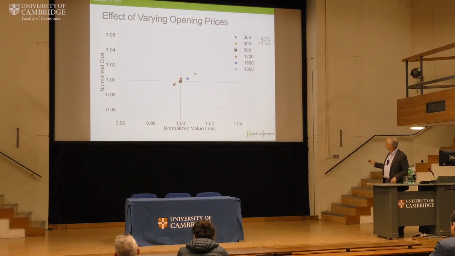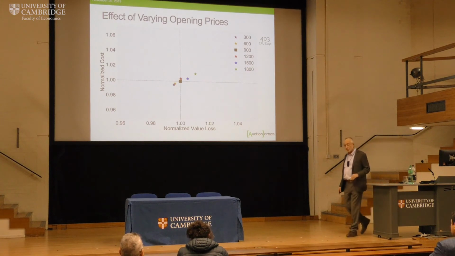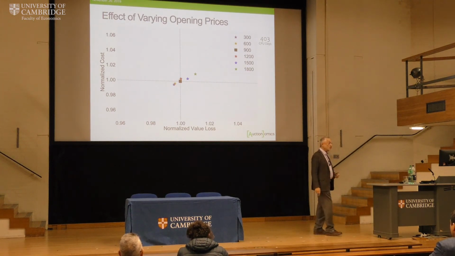Every hypothesis we want to test is expensive in CPU time, but you can see that this spread is tiny. The normalized value loss is all on the order of less than 1%, and the normalized costs, the differences are all on the order of less than 1%. There's no difference.